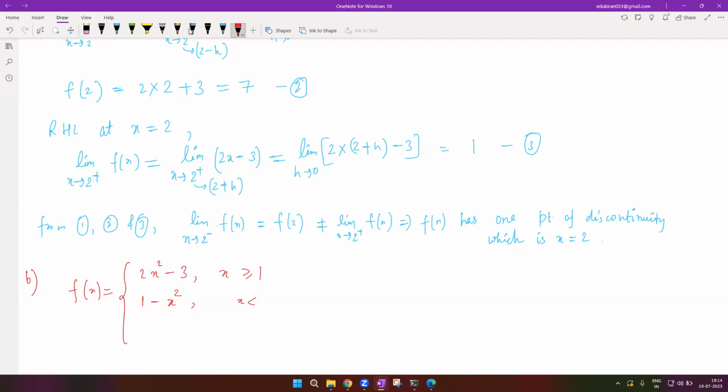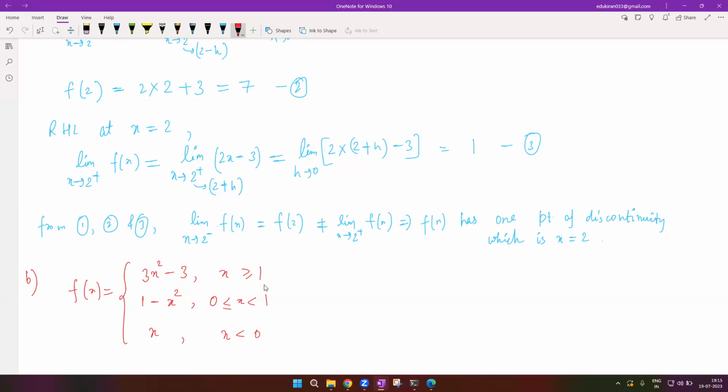Just a minute, guys, my bad. Now see, there are 3 different expressions for f(x).